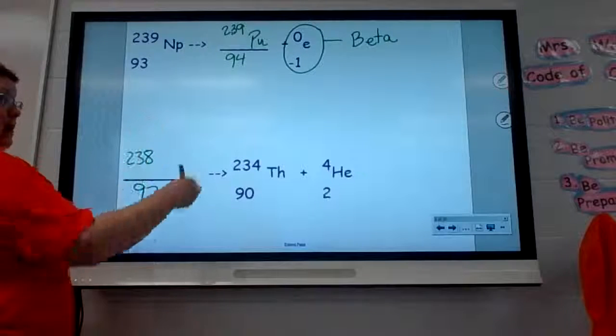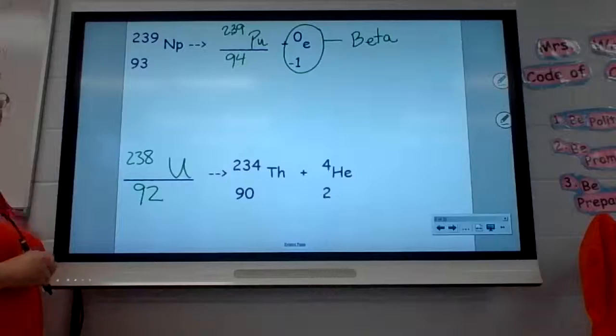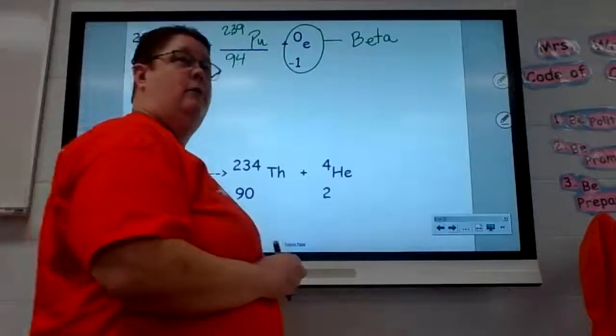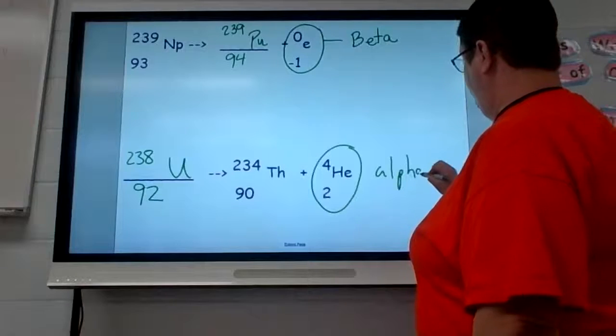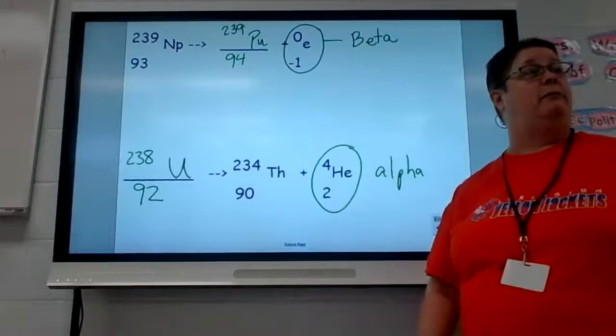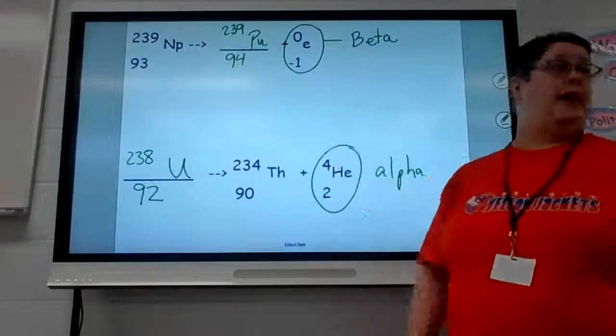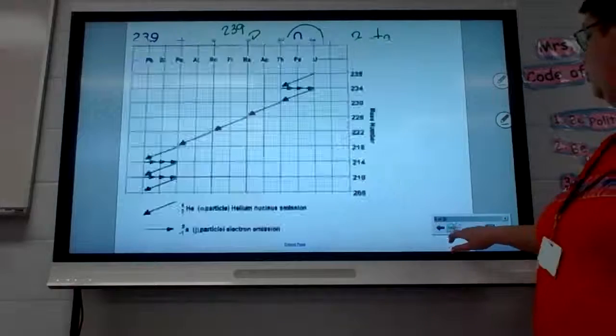So what element has 92? Uranium. Now, what kind of decay would this be? Alpha. Why would it be? Because it has a helium. Helium is always alpha. An electron is always beta. Okay? I think I'm where I want to be to practice.